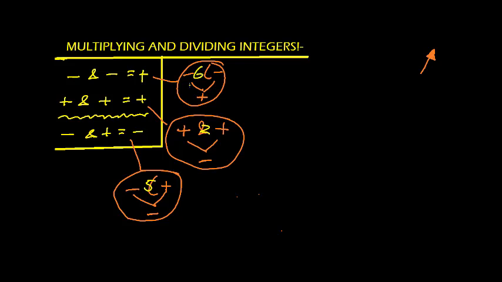It has to be side by side with nothing in between. So we already know that stuff. Now in this video, we're going to learn how to multiply and divide integers, because we already know how to add and subtract integers. So let's get on with learning how to multiply and divide integers.